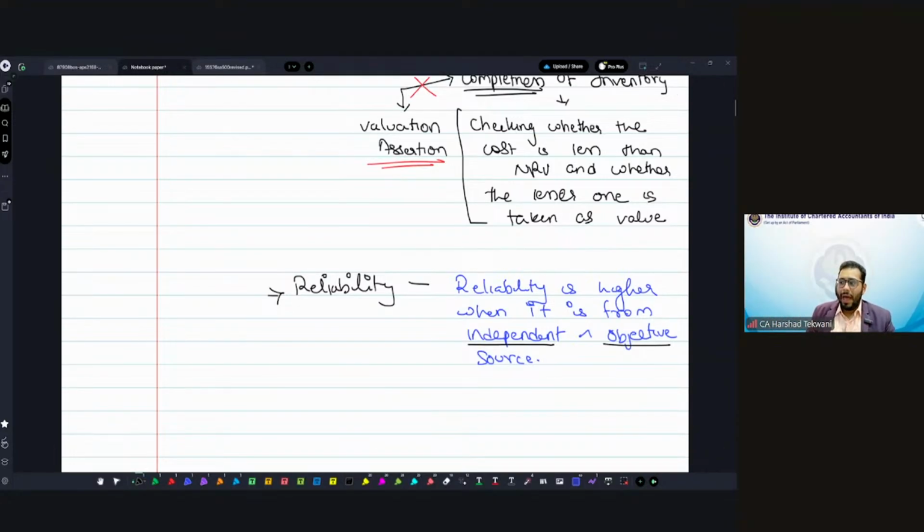Some may argue that it is a separate legal entity, but it is not independent, it is not an objective source. So in that case, it has to be an independent and objective source.